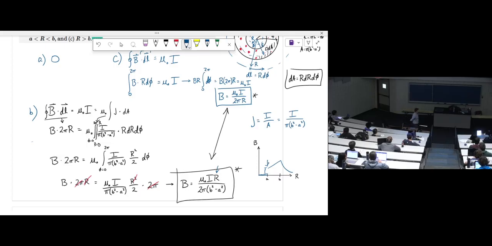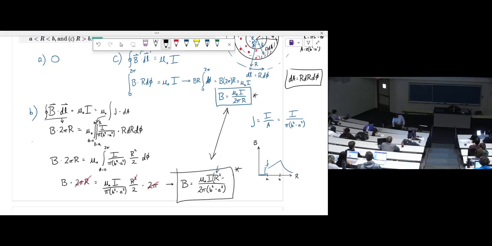Henry? When you set up the double integral, if you had the limits of integration on r from 0 to r, but since there's no current in the middle, it should be a to r. Yes. So my problem was this limit of integration right here shouldn't have been from 0 to r. My current was only enclosed from A to my radius r. And so in doing that, you would have ended up getting something slightly different.